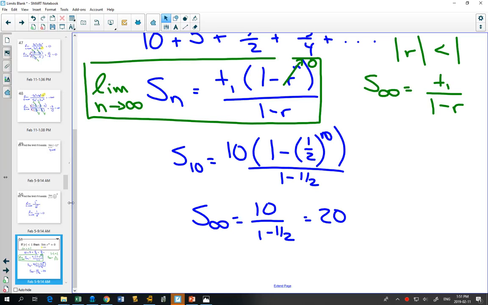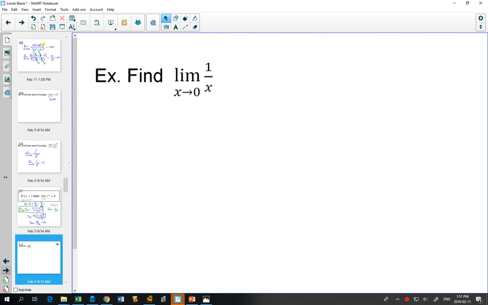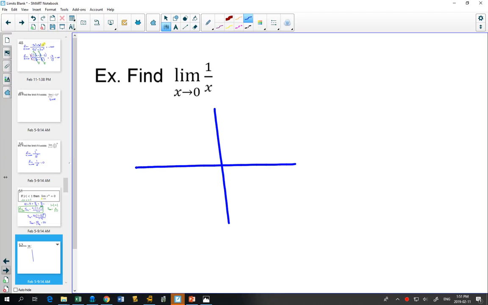Oh, and I did have it. We did this one already. See, I said it was going to come up. But I changed the letter to an X. This is the one that we did before, where if you graphed it, 1 over x graph looks like this.